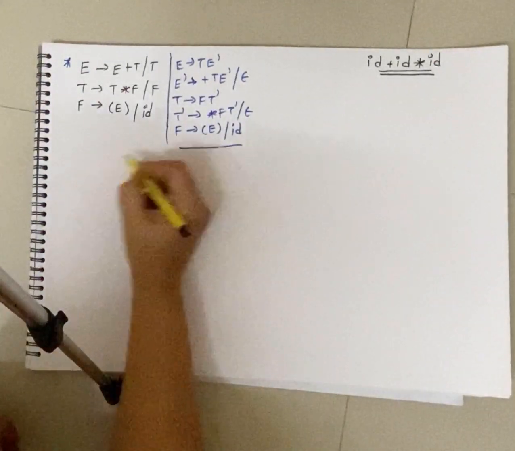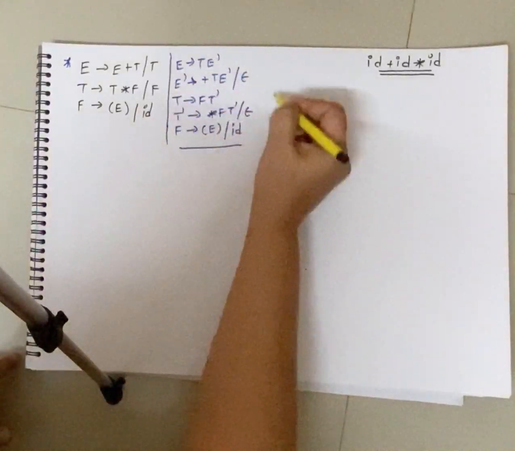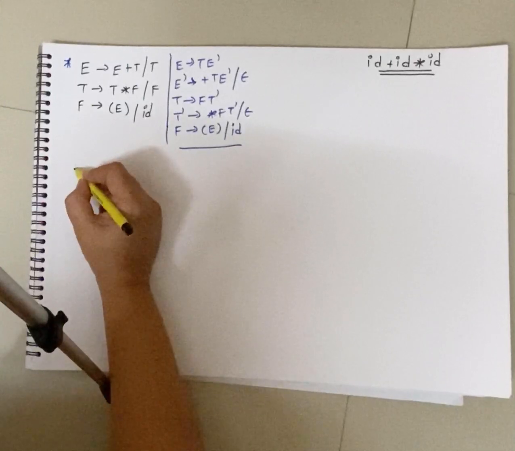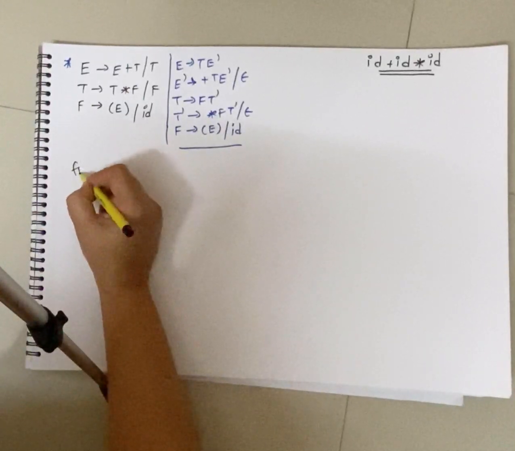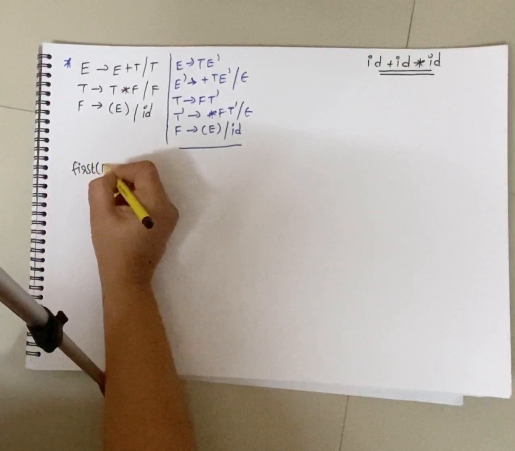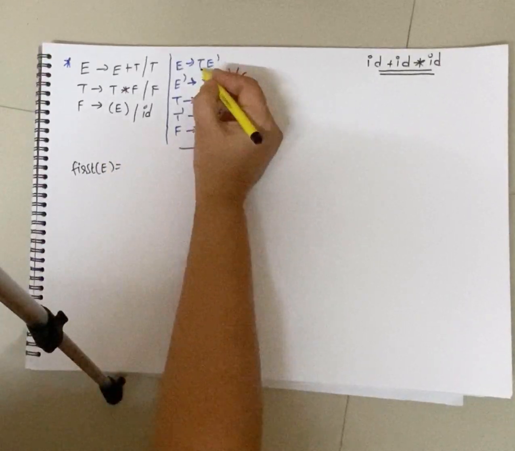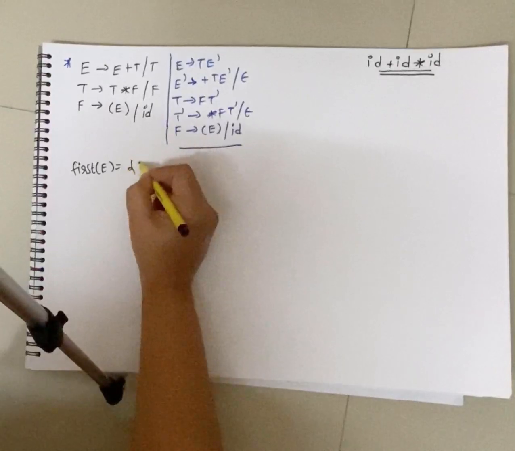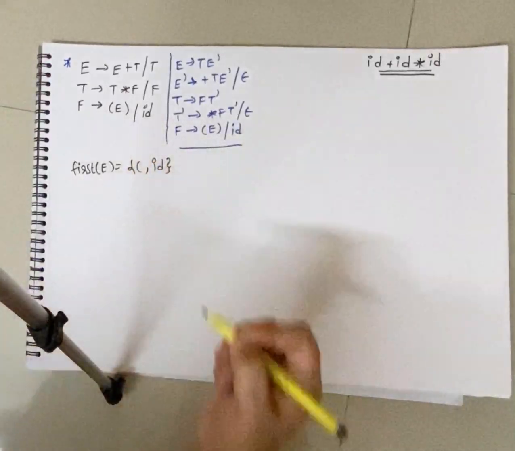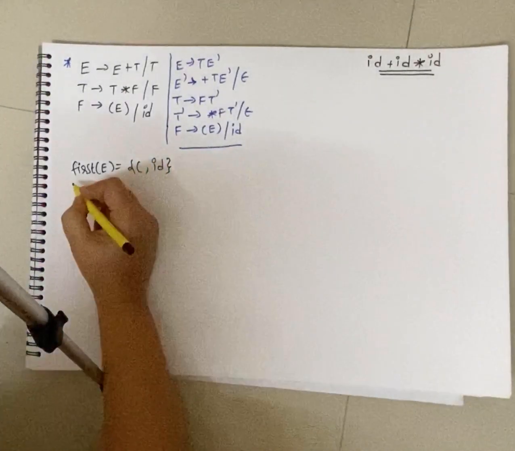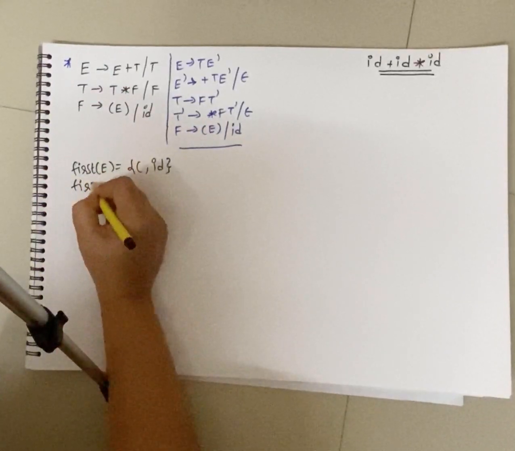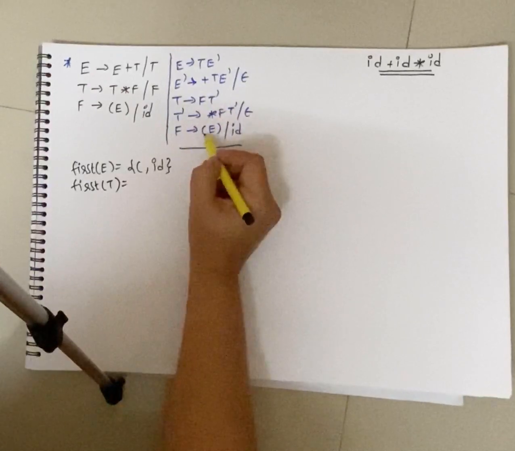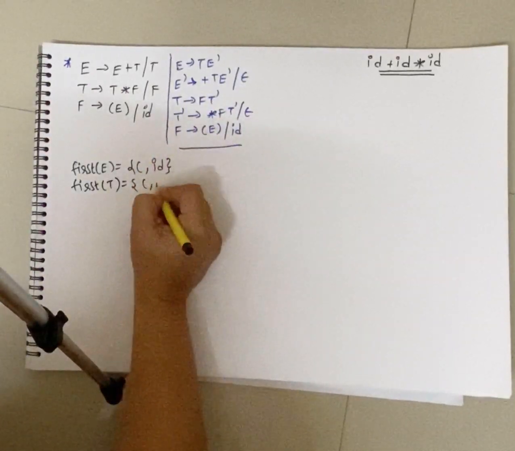Let me write the first and follow values also, derived from this non-left-recursive grammar only. First of capital E is first of T, which is first of F, which is opening bracket and id. We have already discussed this, so I am not going to give any explanation. First of capital T is first of F, and first of F is opening bracket and id.